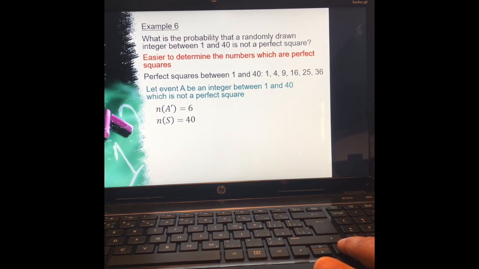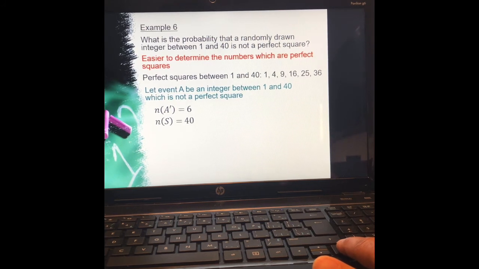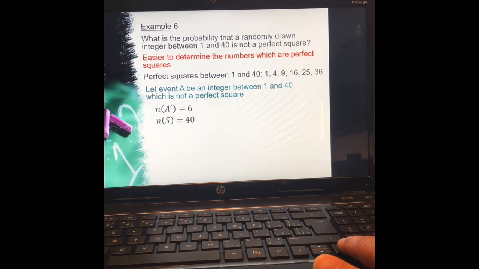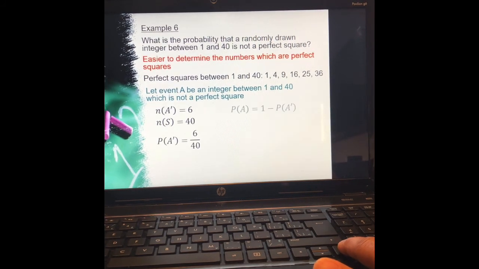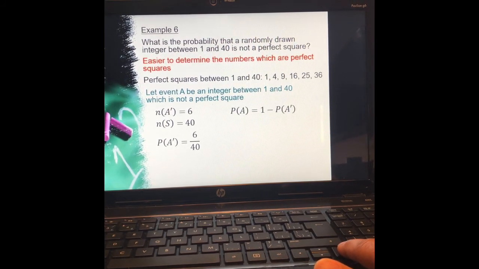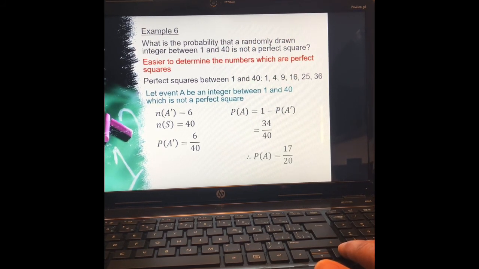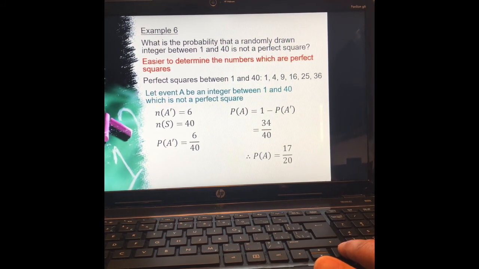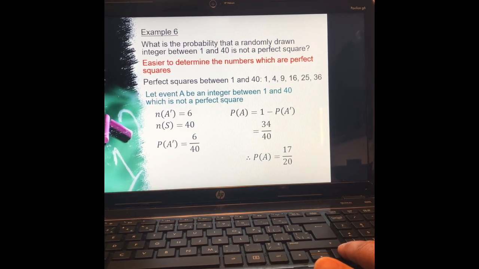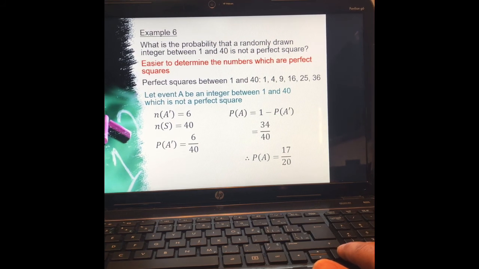So if 6 out of 40 are perfect squares, the probability of not a perfect square is 1 minus 6 out of 40. Lowest terms, 17 out of 20. So I just did 1 minus the event I didn't want. That gives me the event I did want.